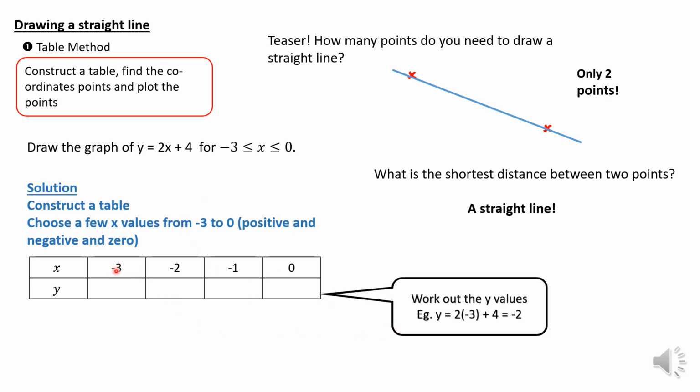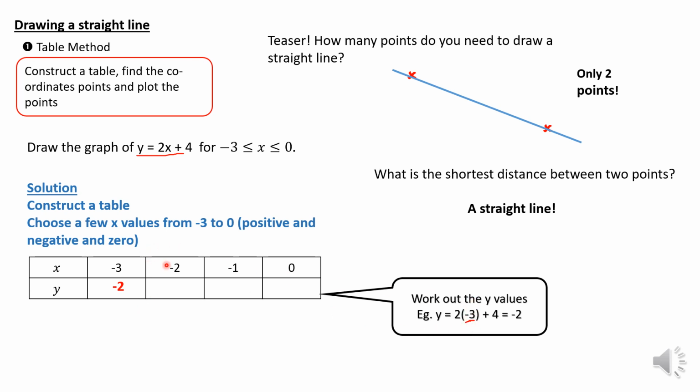If I take x to be -3, I take my equation, and when I insert -3 for x, I'll eventually end up with -2 as an answer, and then I will simply insert that -2 in the table. You can use your calculator, in fact, for this, or you can work it out.